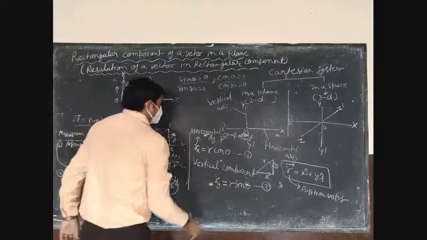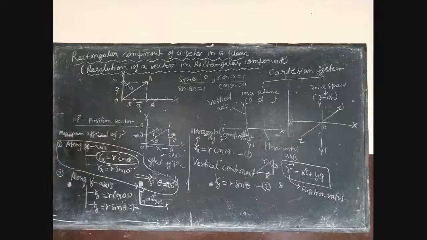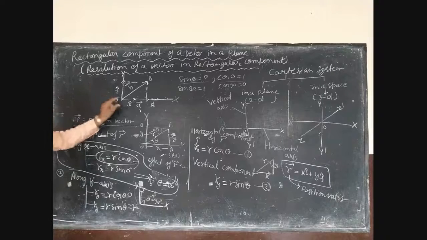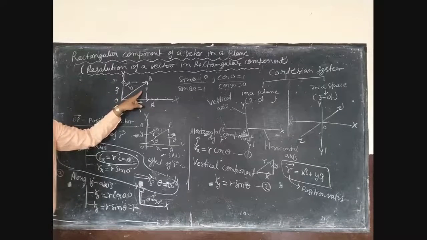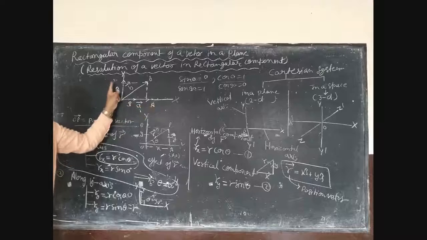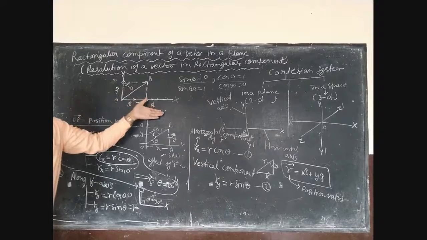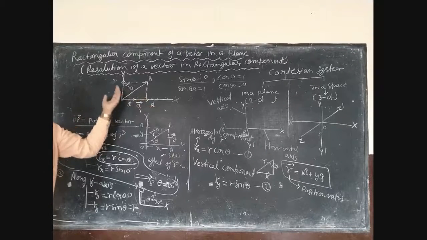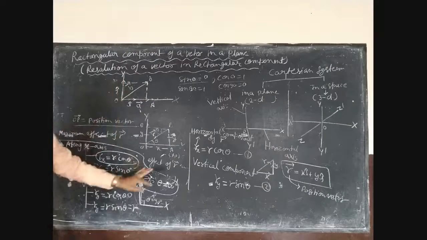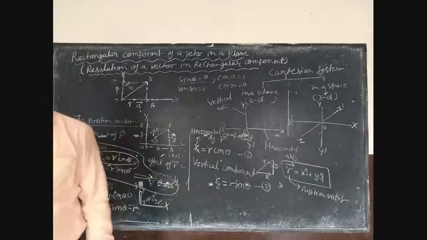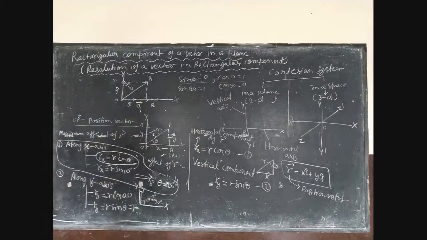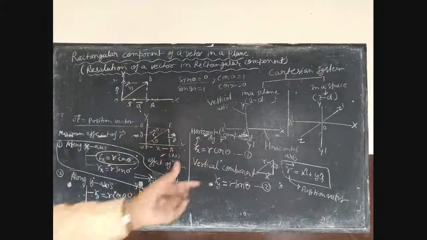Now just note it. I will directly tell you that when we resolve this vector OB along the x-axis and y-axis, we get the horizontal component along the x-axis and the vertical component along the y-axis. You are always confused about why sin theta is not taken.